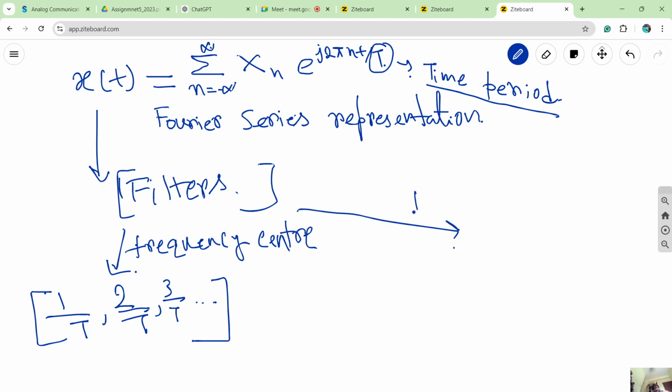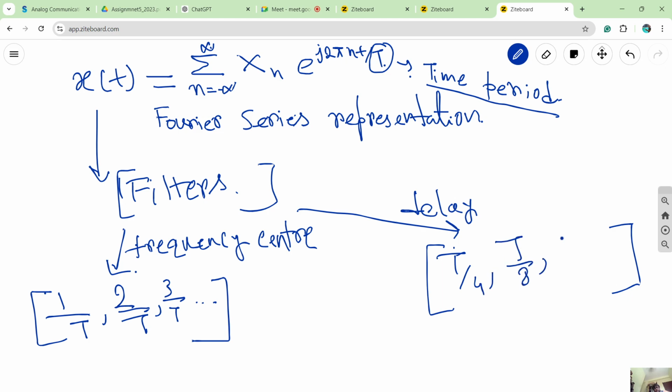And the delays are T/4, T/8, T/12, and so on.